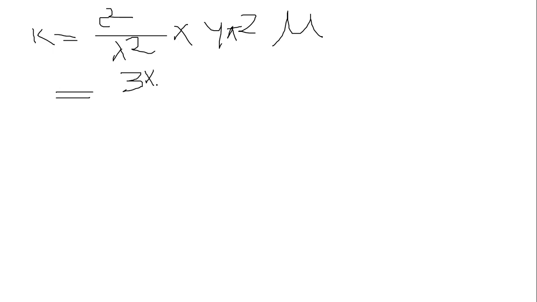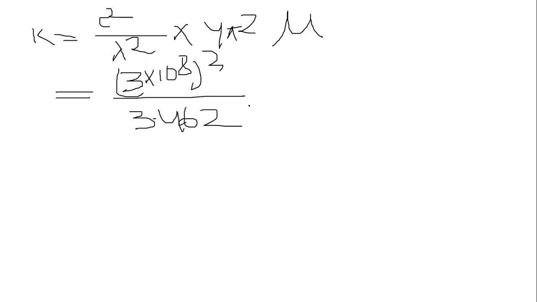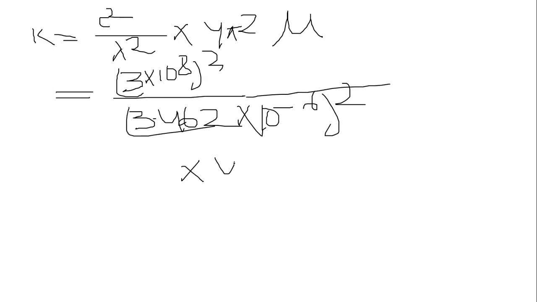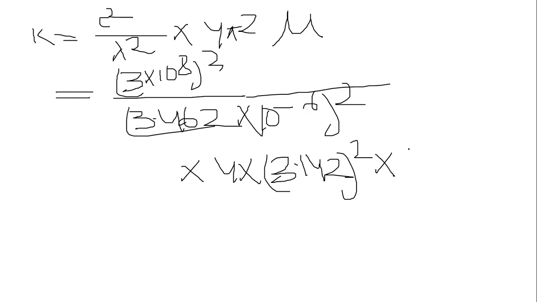C is 3 into 10 to the power 8, so 3 into 10 to the power 8 square, over 3.462 into 10 to the power minus 6 square, into 4 into 3.142 square into mu, which is 1.63 into 10 to the power minus 27. So put all the values and calculate the value of k.